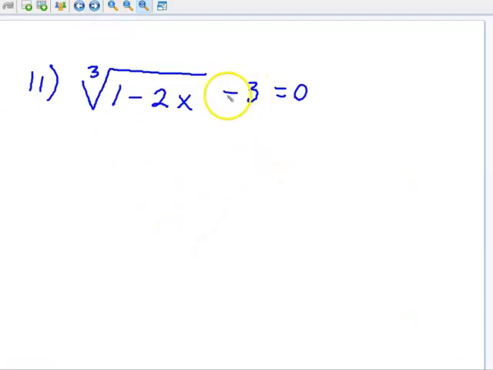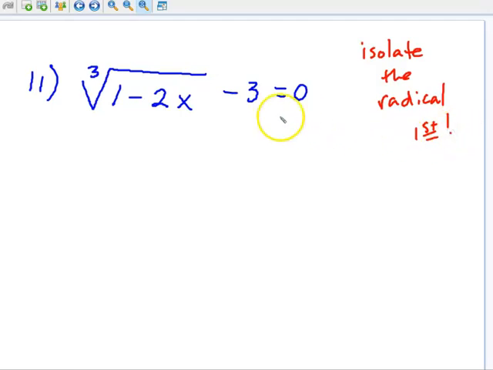Whenever a radical has addition or subtraction involved, we need to isolate the radical first. So in this particular problem, we need to do a quick little step before we start raising both sides of the equation to the third power.